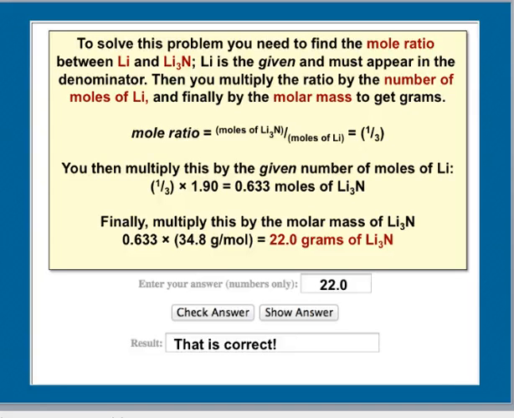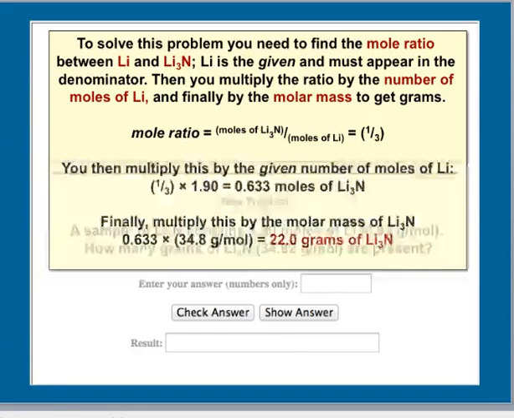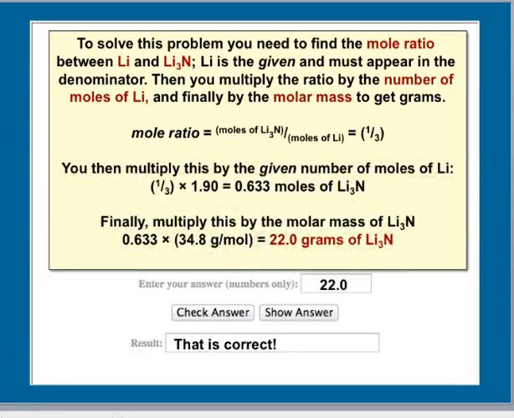Once we know we have 0.633 moles of this stuff, all we have to do is to take the number of moles, multiply it by our molar mass, which was given, and we get 22 grams of our compound.